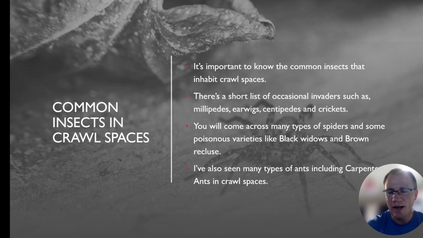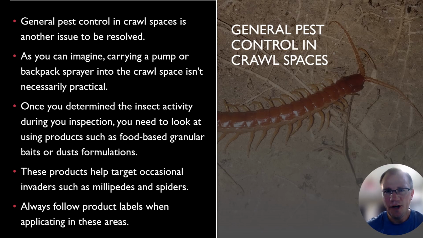So again, depending on the part of the country you're in, carpenter ants can be a big problem in a crawl space because they can inhabit the wood just like they would outside or up in the structural members of the home. Looking a little more into general pest control in crawl spaces, this is obviously another issue we're going to need to resolve.